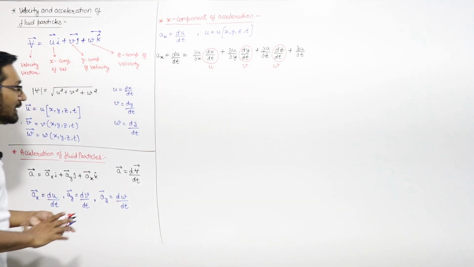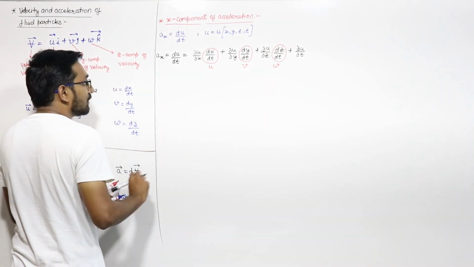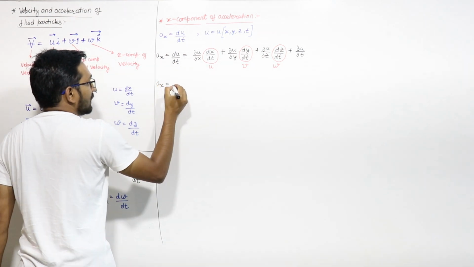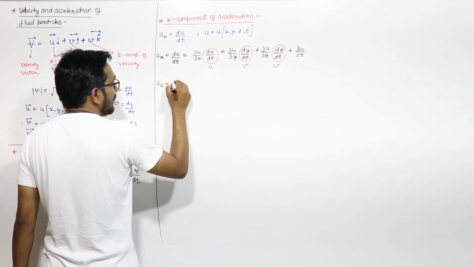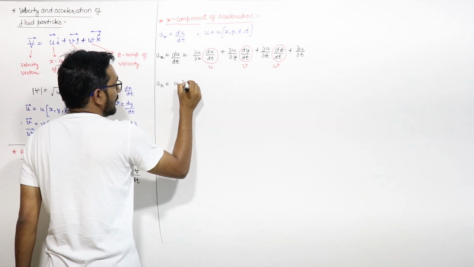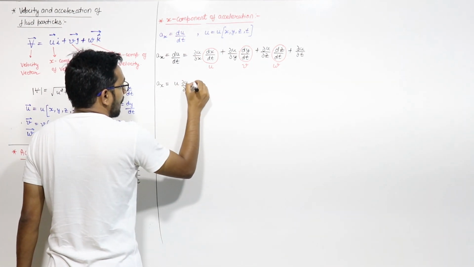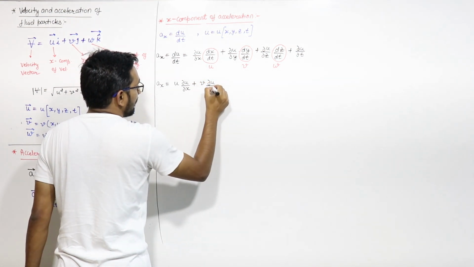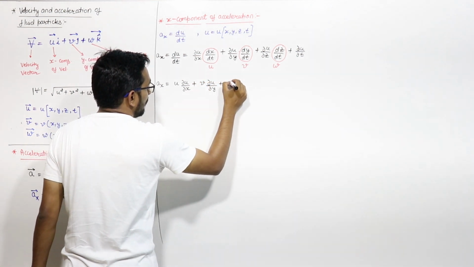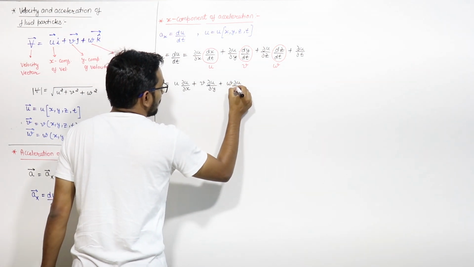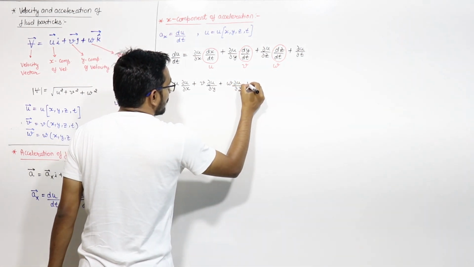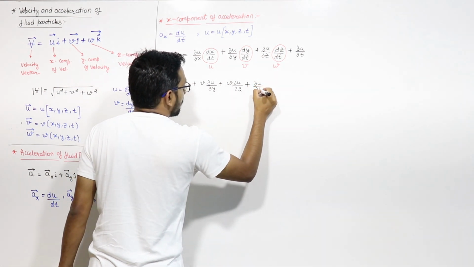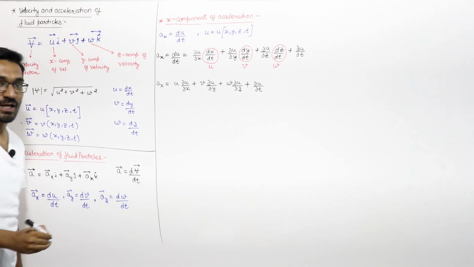So I can write here that the x component of acceleration will be equal to u into del u by del x plus v into del u by del y plus omega into del u by del z plus del u by del t.